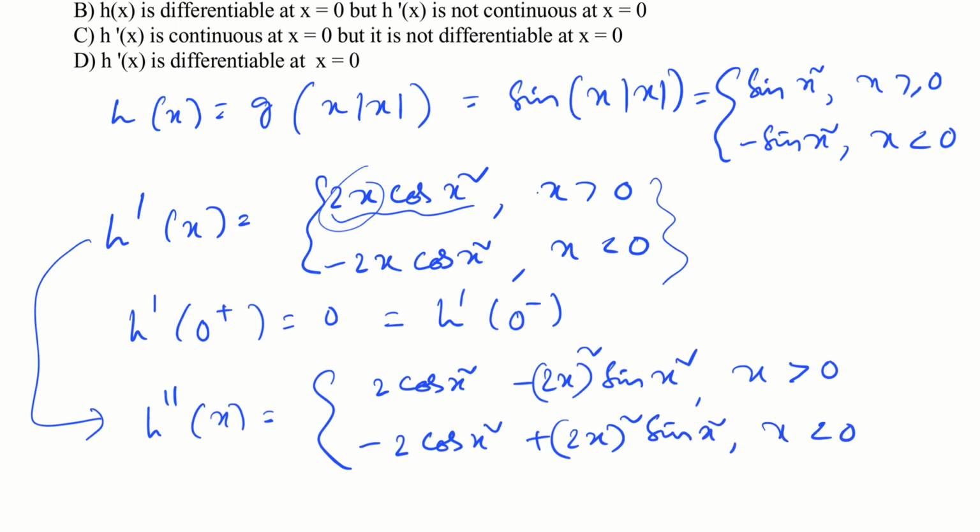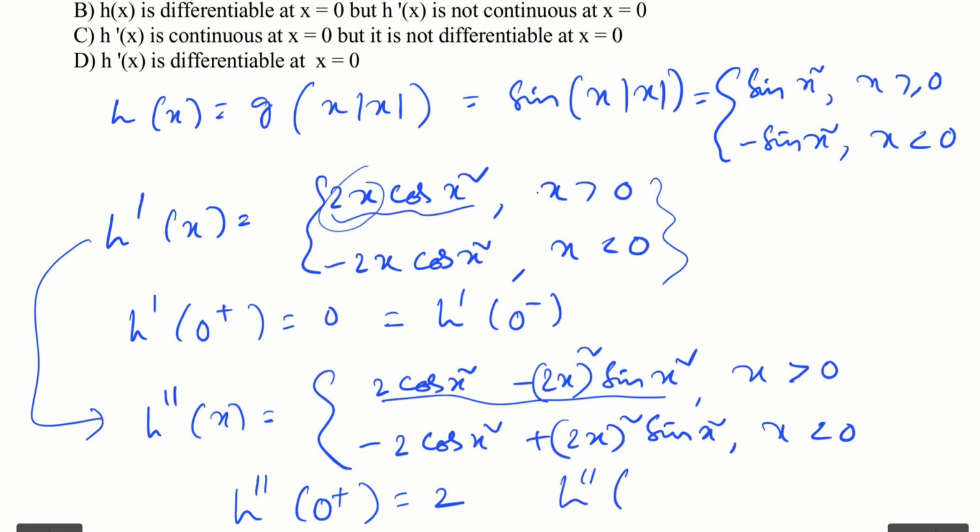And now I want you to observe that h double dash of 0 plus is 2 from this and h double dash of 0 minus is minus 2 from this. Therefore left derivative is not equal to right derivative and therefore h dash is not differentiable. Therefore option D is ruled out. Option C is the answer.